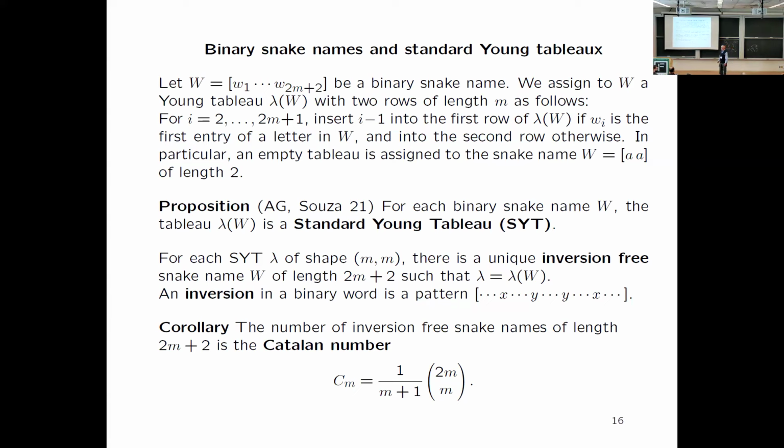Yes. I do have a question for you. The Catalan number connection is really interesting, and I wonder if the operation of going from any snake to a binary snake would be similar to Knuth's algorithm for going from any tree to a binary tree, because those are also both counted by Catalan numbers.